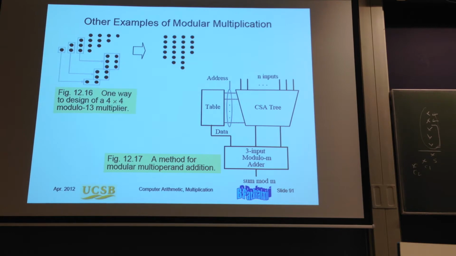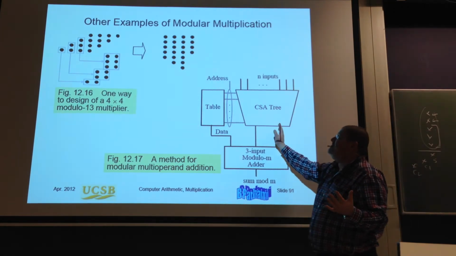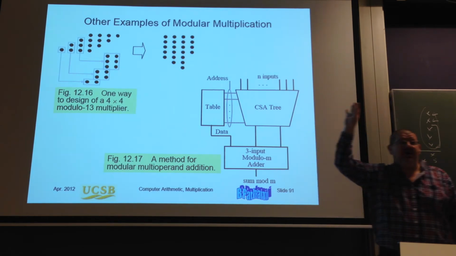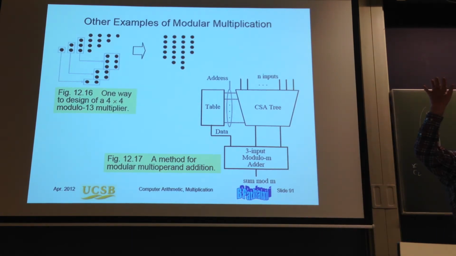The idea in general is to keep the numbers as close as possible to the dynamic range where you do the calculation, but to do simple calculation. And this is the structure of such a tree, which is reducing a partial product matrix corresponding to a modular multiplier, and essentially those are your inputs.